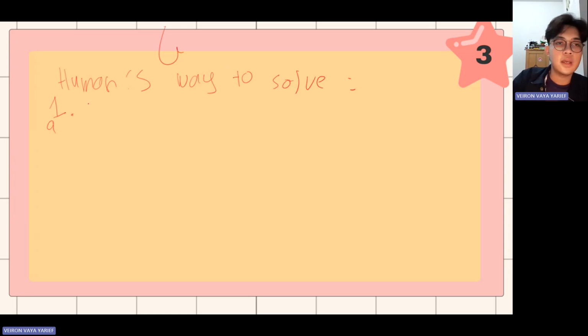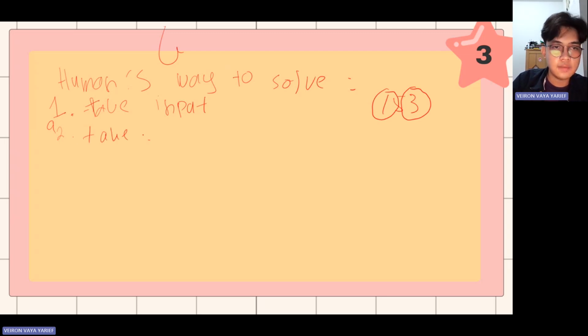So first, take the input. Then process the input. What do we need to process? If we have 153, we need to add the cube of every digit. So what do we need to do?